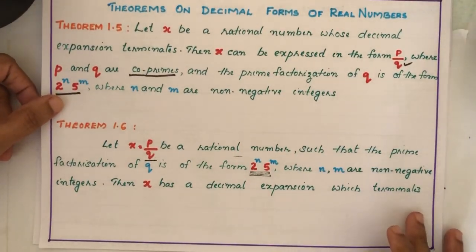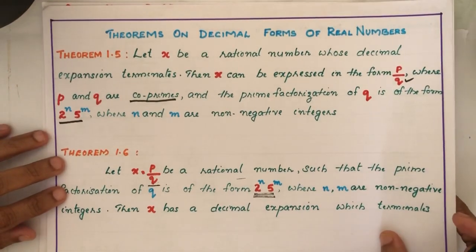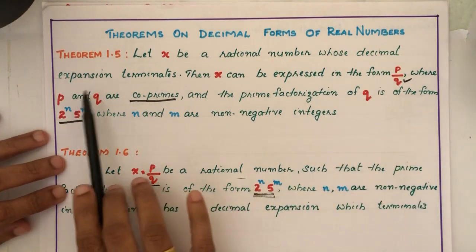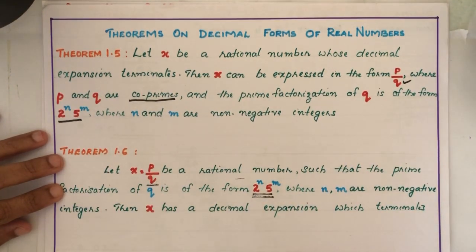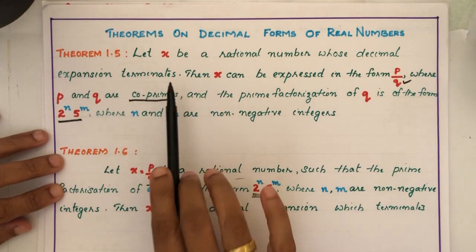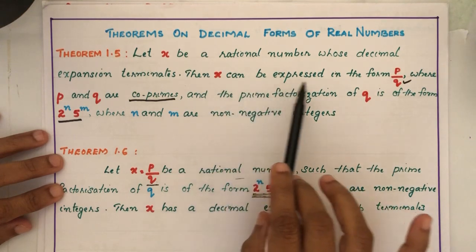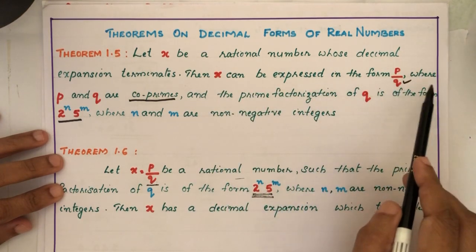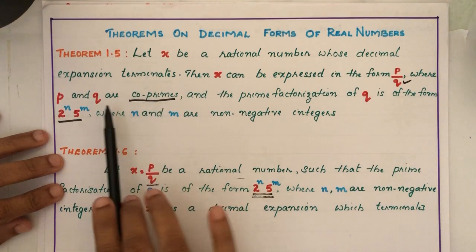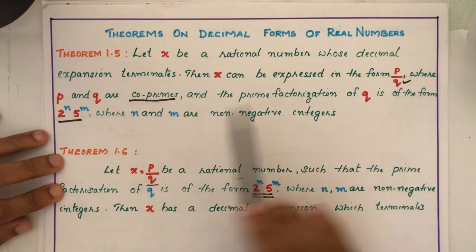Theorem 1.5. If x is a rational number whose decimal expansion terminates, then x can be expressed in the form p by q, where p and q are co-primes. That is very important: the p by q form should be in the simplest form, co-primes.